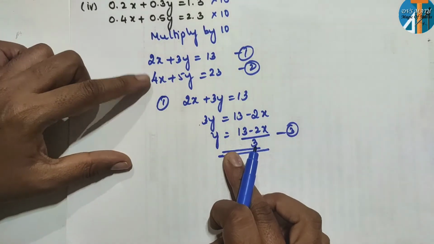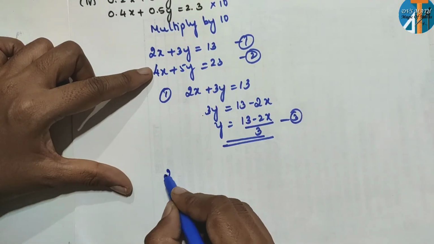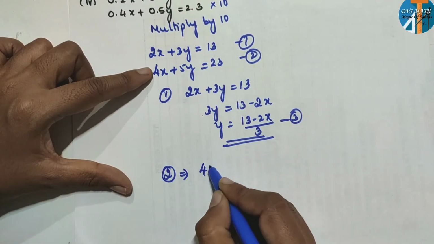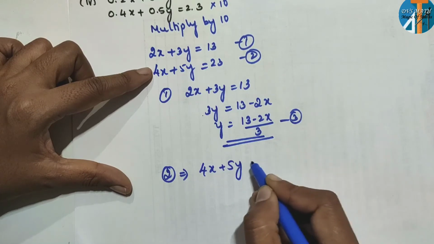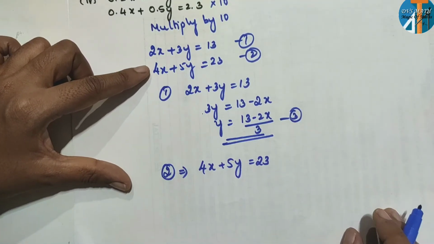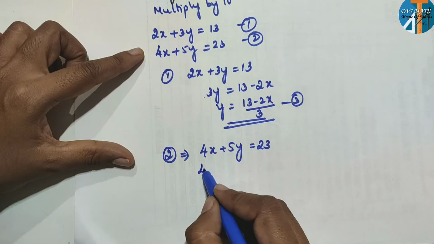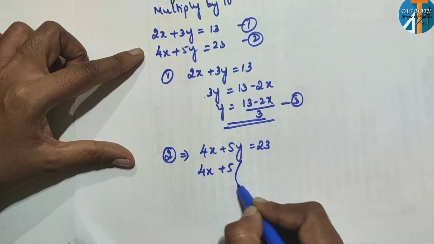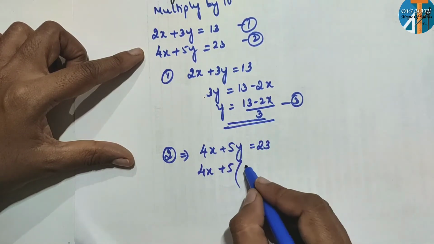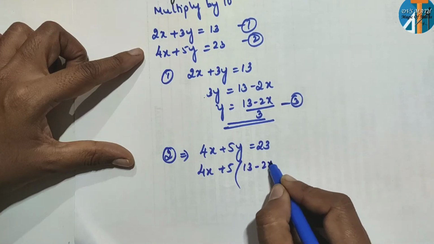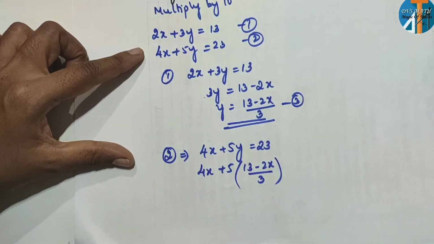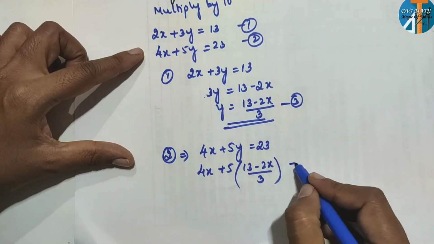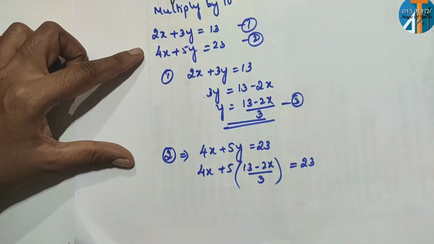Now substitute this y value in equation 2. What is equation 2? 4x plus 5y is equal to 23. So let us substitute: 4x plus 5 into the y value, which is 13 minus 2x by 3, is equal to 23.